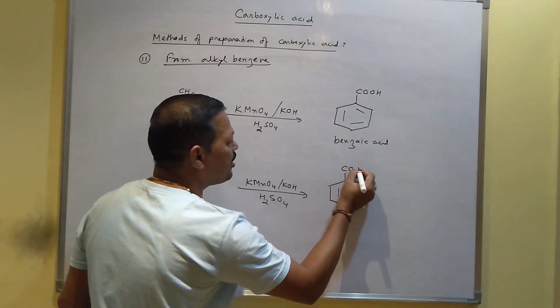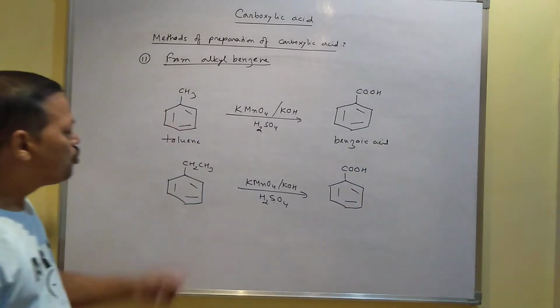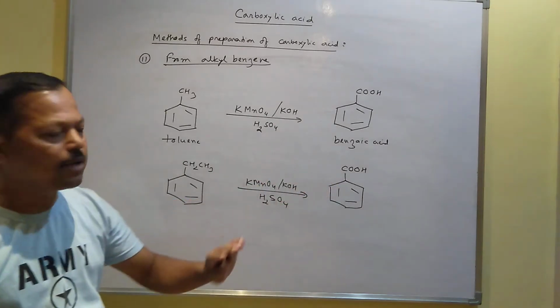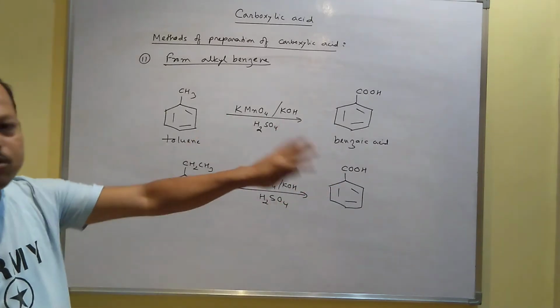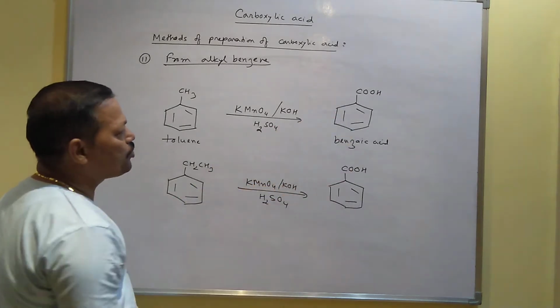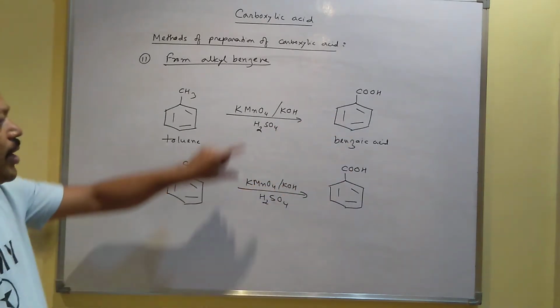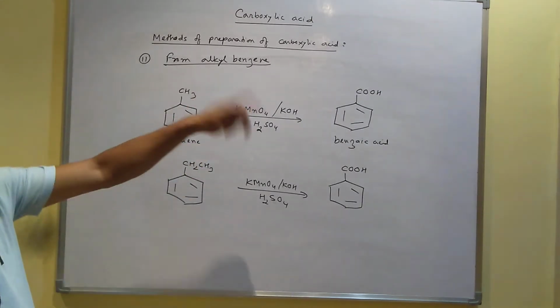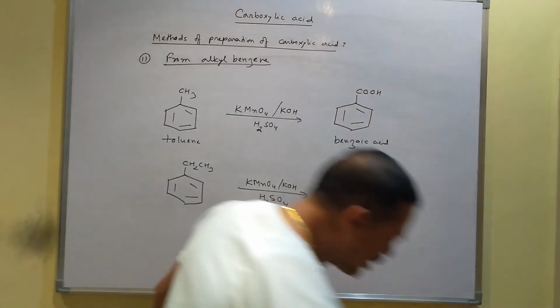Again you will get benzoic acid. After oxidation, the other carbon forms a side product. So this is another method to prepare carboxylic acid by oxidation. By applying a strong oxidizing agent, the alkyl benzene can be directly converted to carboxylic acid.